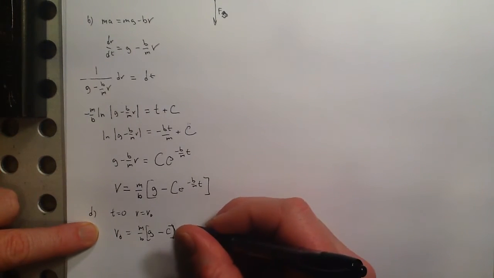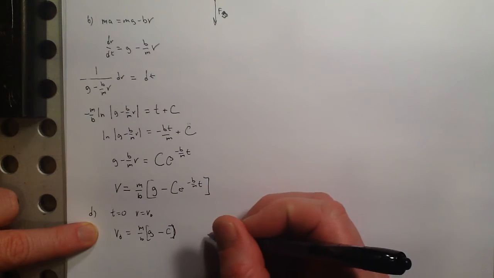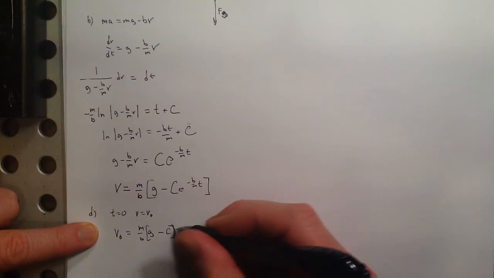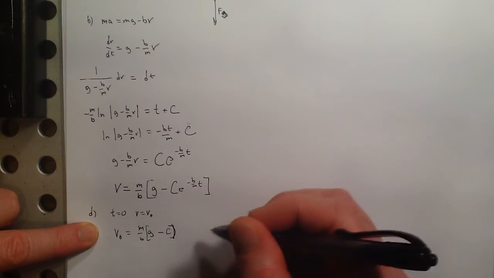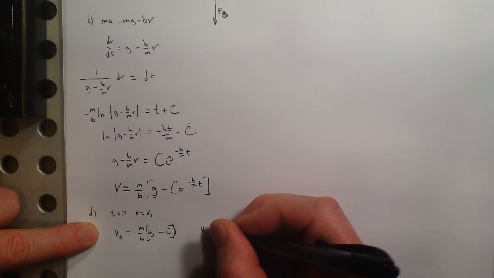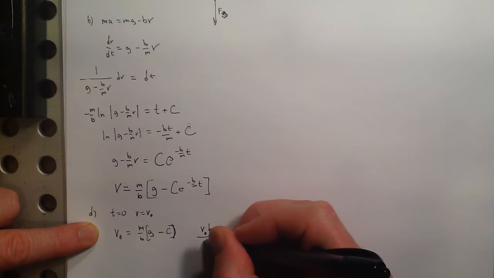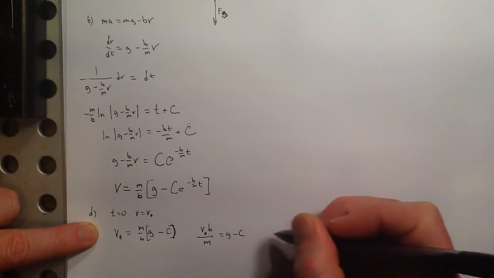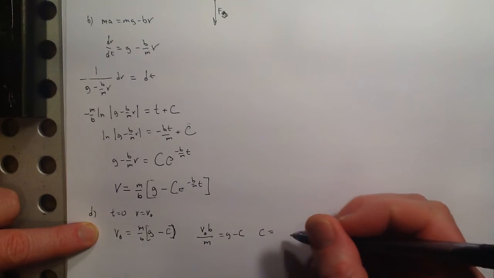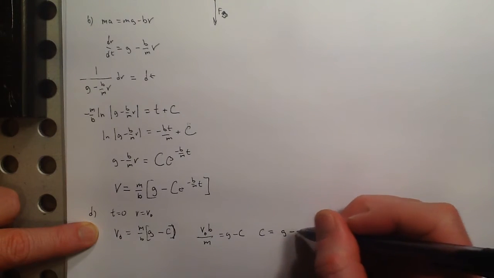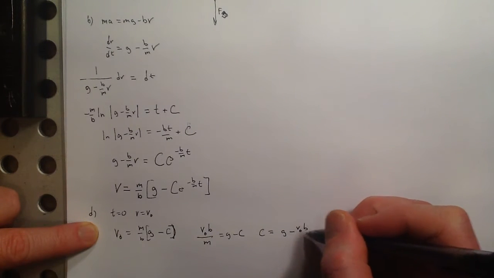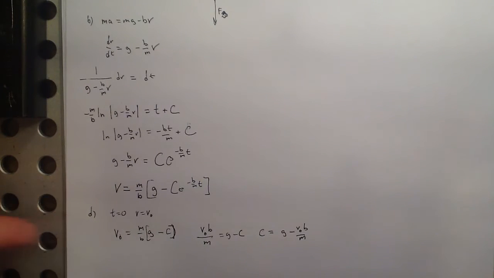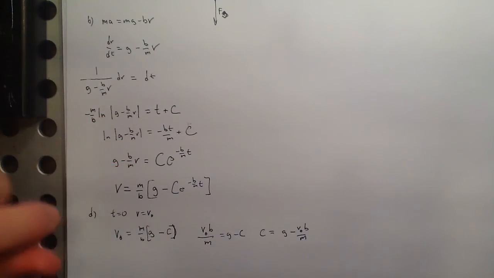So solving this for c, let's see what we get. I could bring that to the other side, so that'd be v sub 0 b over m equals g minus c. So c is equal to g minus v sub 0 b over m. That's my c.